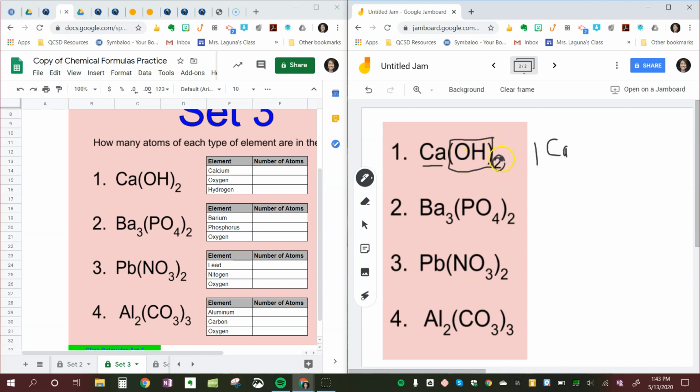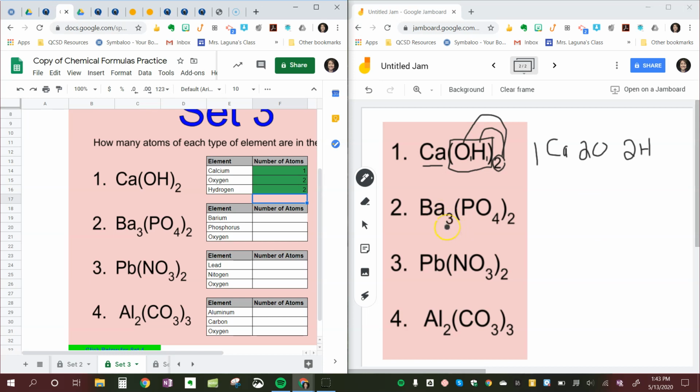In this case, we're going to double everything. So 2 times the O and 2 times the H. Now both of these have no subscripts, so those are 1. So 2 times 1 is 2. 2 oxygen and 2 hydrogen. We can go ahead and put that on our answer sheet now. So we have 1 calcium, 2 oxygen, and 2 hydrogen.